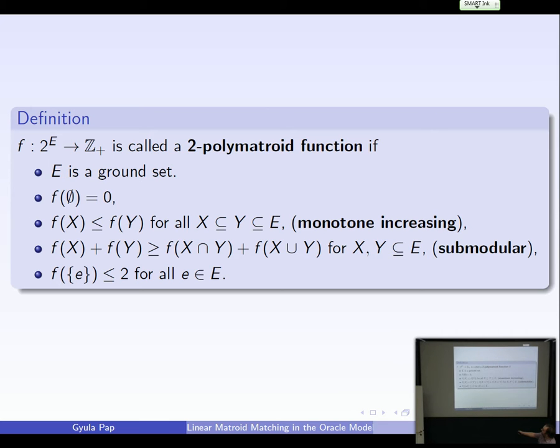Then for every singleton set that has only one element, the rank is at most 2. So that's a two-polymatroid function.